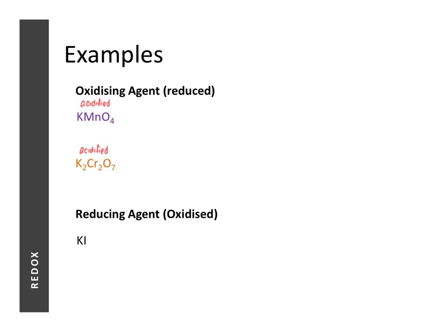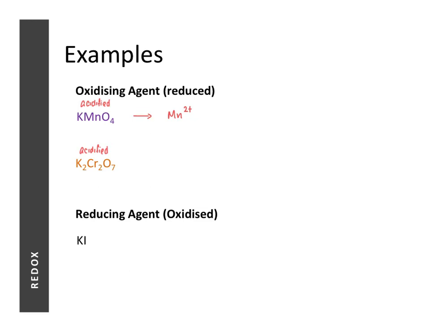When acidified potassium manganate 7 acts as an oxidizing agent, itself will be reduced to Mn2+. If you don't believe, you can find the oxidation states of manganese. You will find that it has been reduced.